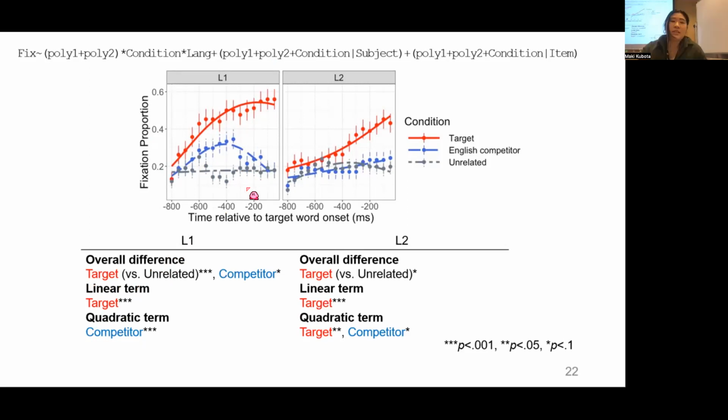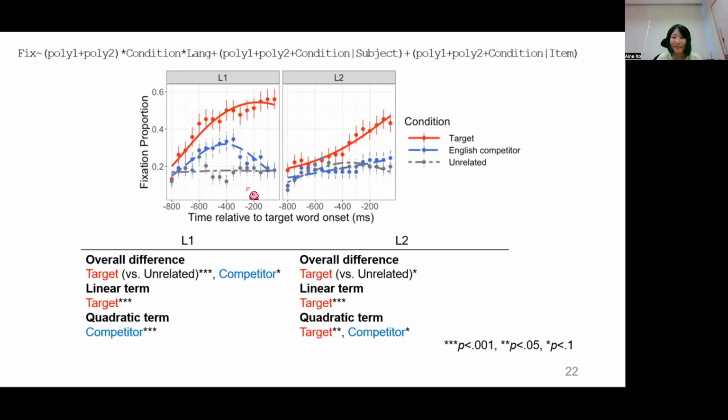So does that mean that for the linear term, if it's significant, it's basically saying that the slope is different, right? Exactly. And then the quadratic term is where the peak is different, right? Exactly.